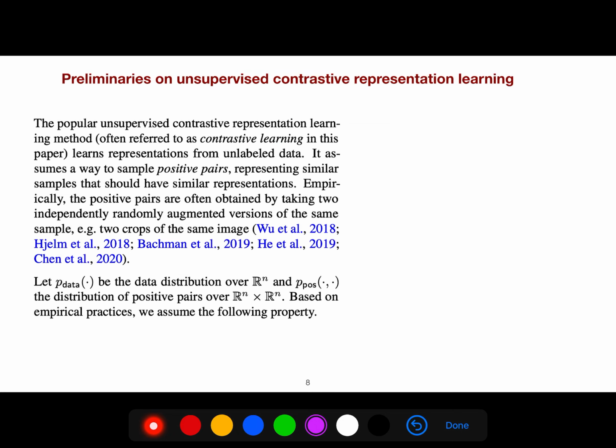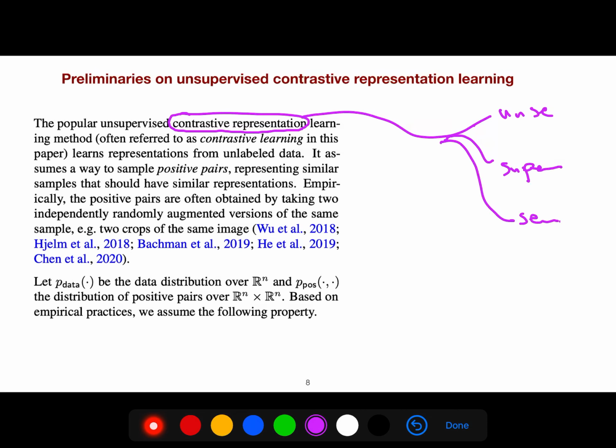The popular unsupervised contrastive representation learning was originally started as unsupervised, or what we call self-supervised learning, but then people at Google used it for supervised learning as well, and of course semi-supervised learning.